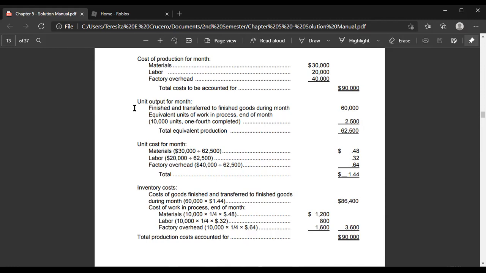Here, 5-10. Oh, it's quite preparing journal entries. 5-9 and 5-10 and 5-13R.